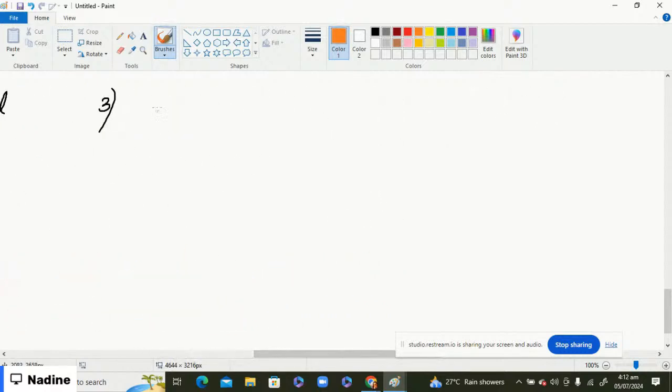Now for the third rule, if there are two odd numbers, when you add two odd numbers like 3 plus 5, then you get the answer even. Okay? This is basically the rule.